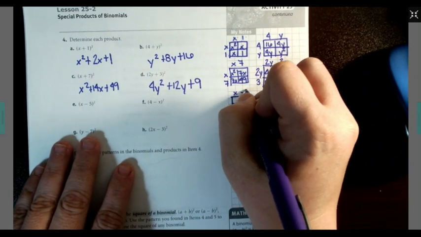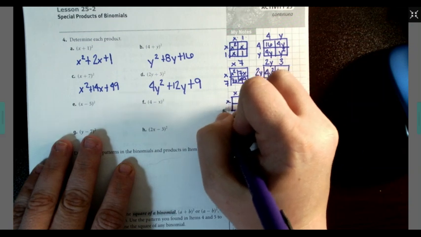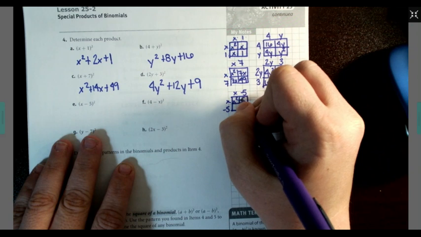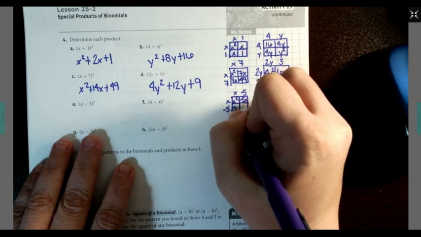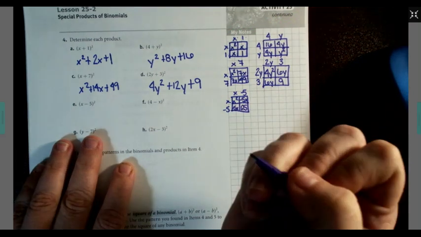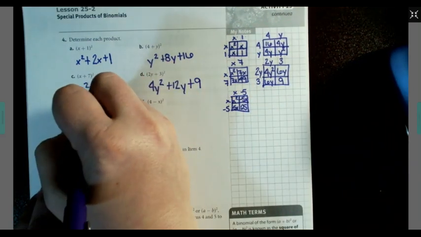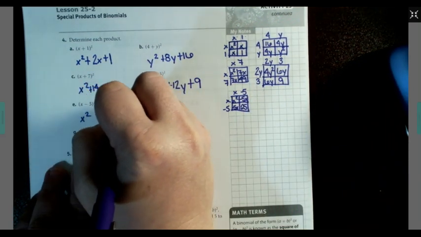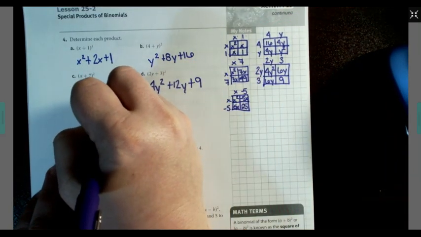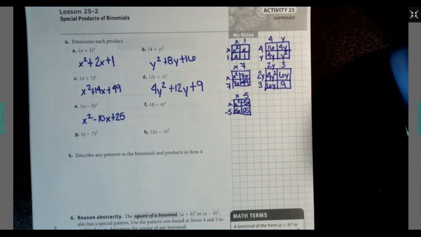And got x, negative 5, x, negative 5. So that's x squared minus 5x minus 5x and a positive 25. So I have the x squared. We have the positive 25, but I have negative 5, so that makes negative 10x.